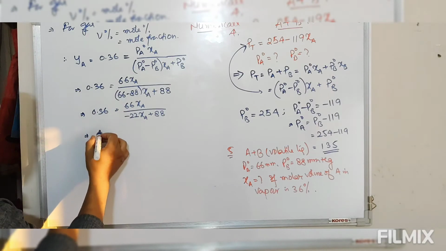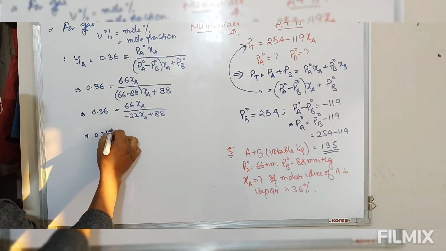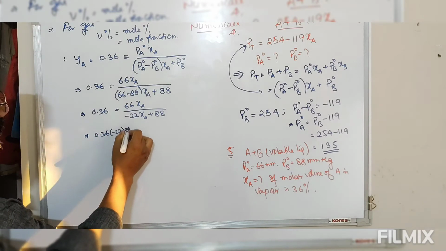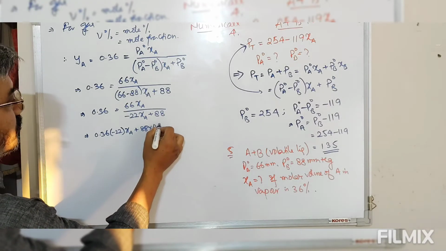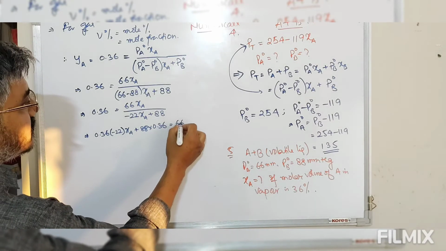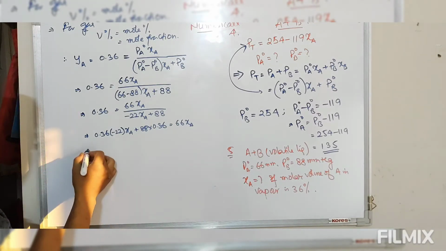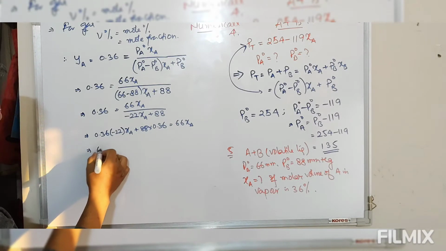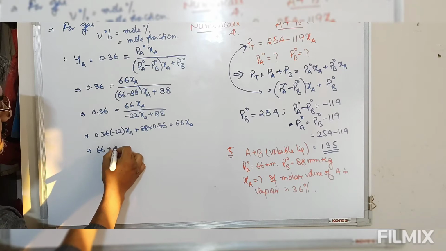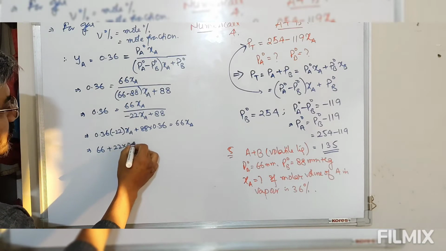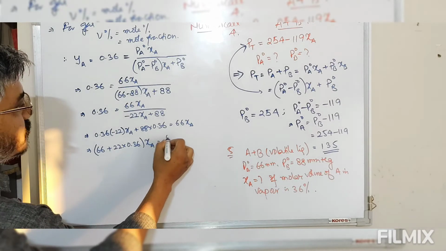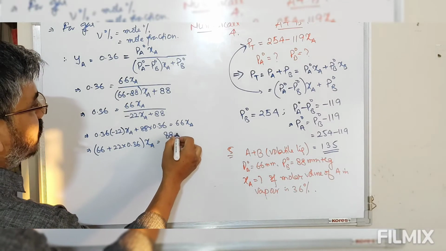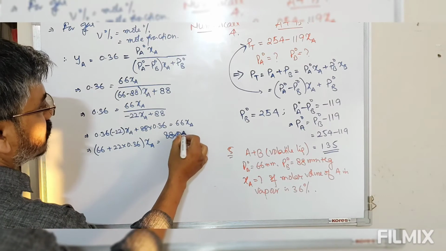So 0.36 into minus 22 XA plus 88 into 0.36 is equal to 66 XA. Therefore, 66 plus 22 into 0.36 times the mole fraction of A is equal to 88 into 0.36.